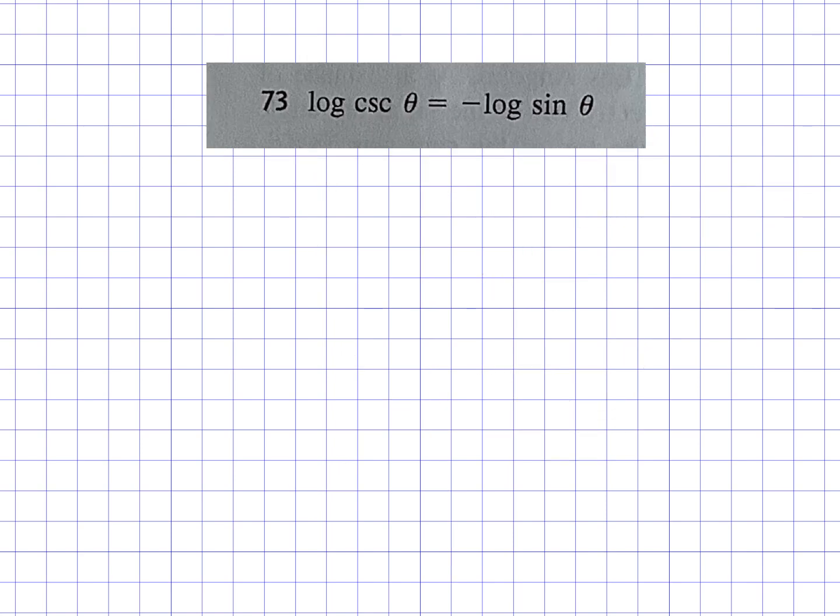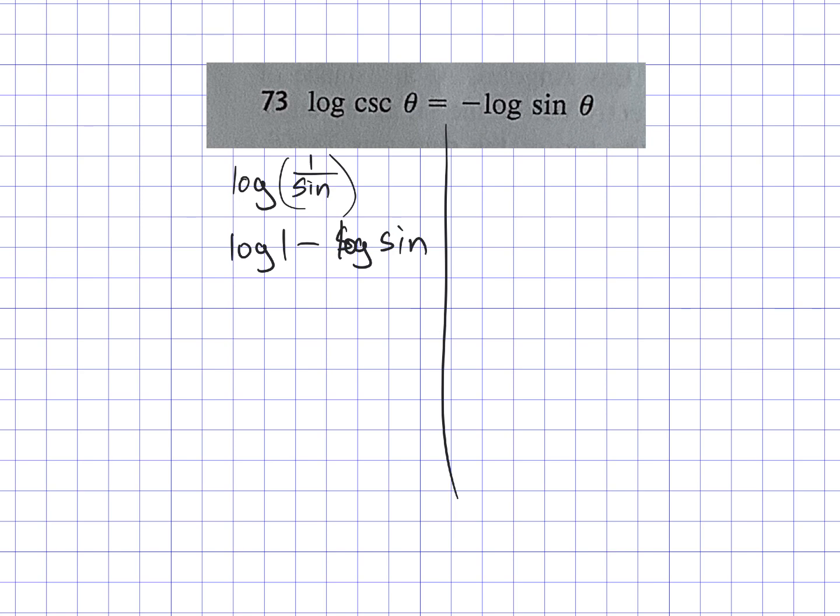The log of cosecant of theta is the same thing as the log of 1 over the sine of theta. Anytime you have a fraction, that's the log of 1 minus the log of sine of theta. And here you have the minus log sine of theta. What's the log of 1?